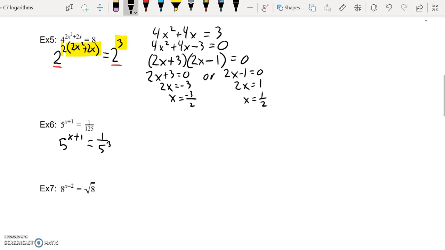When you have 1 over a number, that is really a negative exponent. Then you have the same base, so you can set the exponents equal to each other. So x plus 1 equals negative 3, and x equals negative 4.